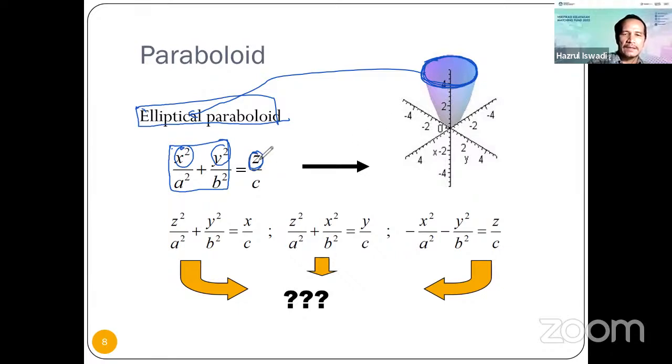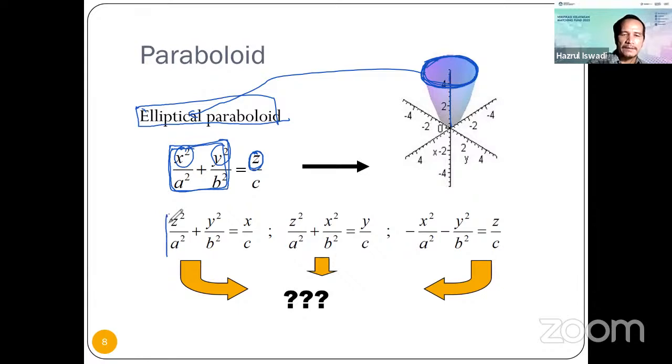Z on the right will be the axis of the paraboloid, and the penampang of the paraboloid comes from this equation. So this characterization can be copied to another equation.